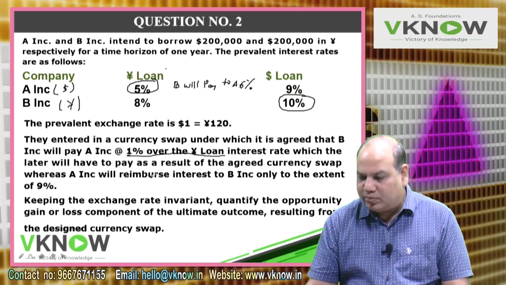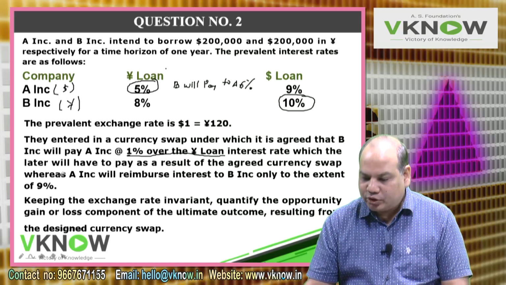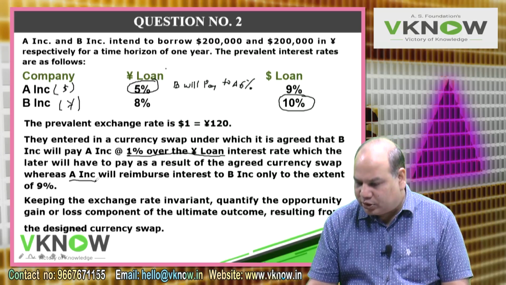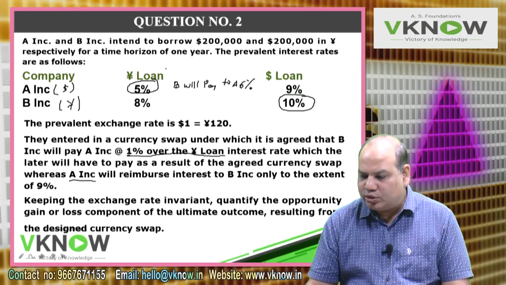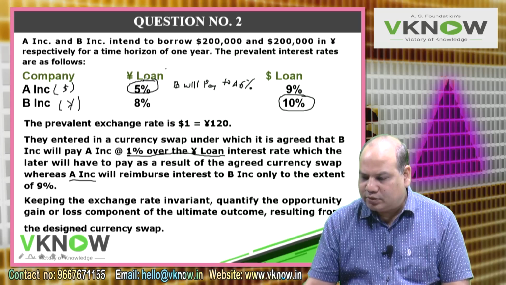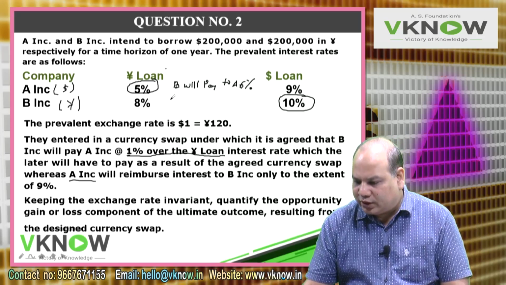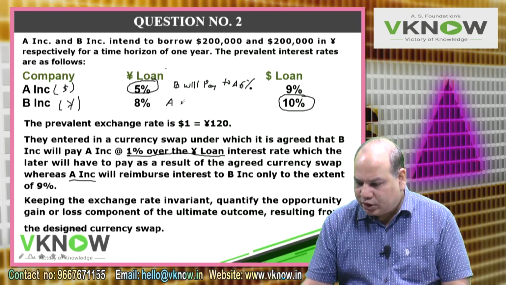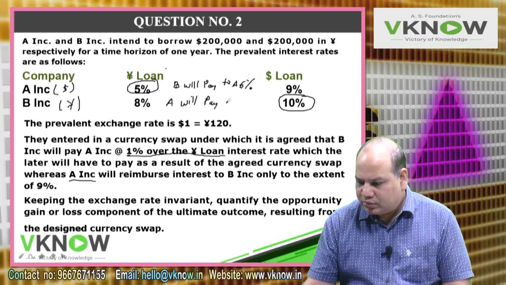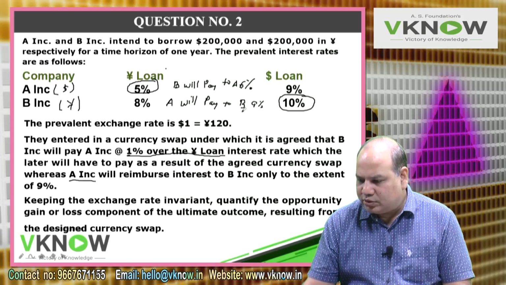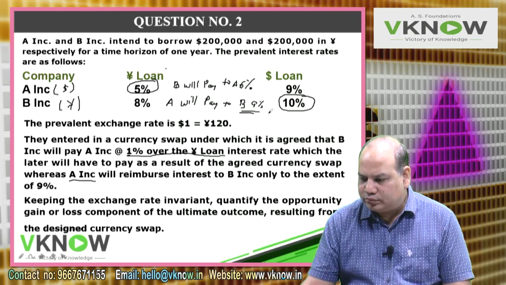Whereas A will reimburse interest to B. How much interest will A pay to B? B is borrowing at 10%, but A will reimburse B only to the extent of 9%, because A has got an advantage over B. A has got an upper hand. So A will pay to B 9% interest rate on dollar loan.